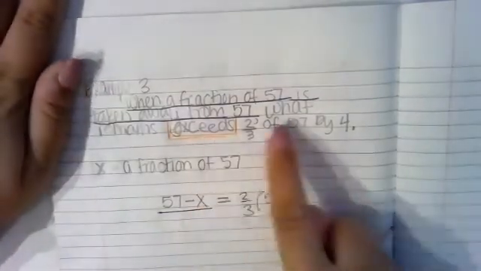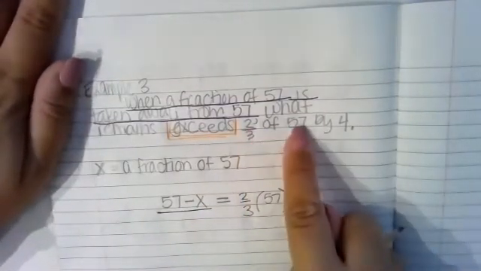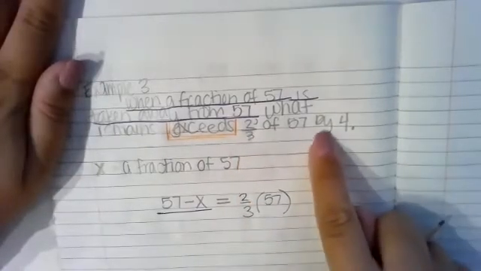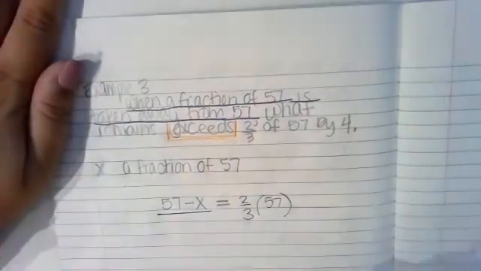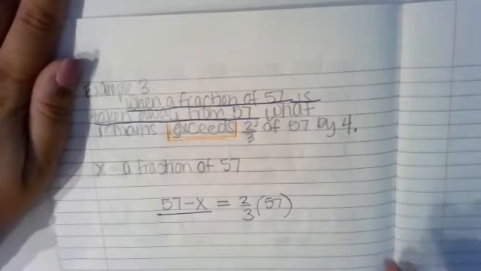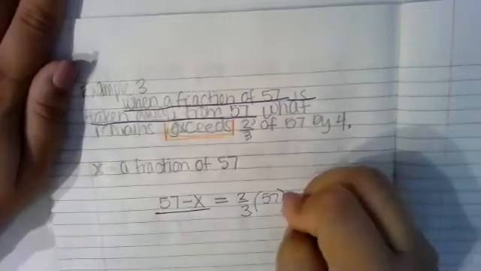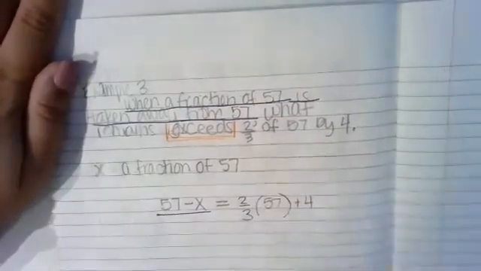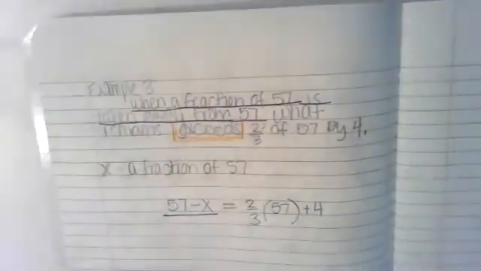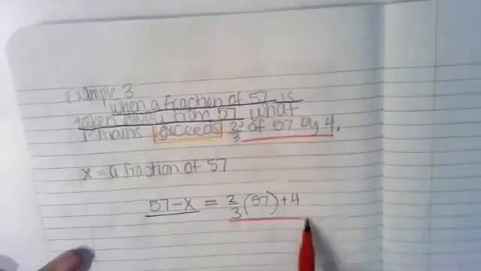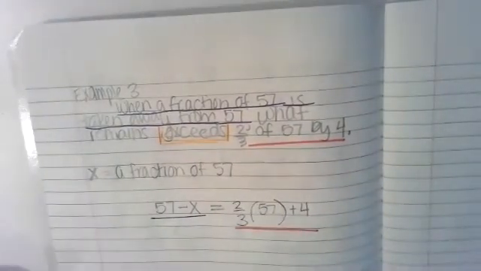It's larger than 2/3 of 57. And how much is it larger than? By 4. So that means I need to do what with that 4? You add the 4. I've got to add the 4, right? By 4. There you have it.